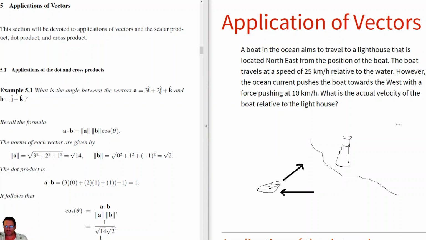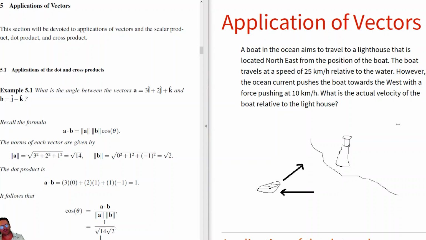A boat in the ocean aims to travel to a lighthouse that is located northeast from the position of the boat. I've drawn a little picture here in Microsoft Paint. The boat travels at a speed of 25 kilometers per hour relative to the water.